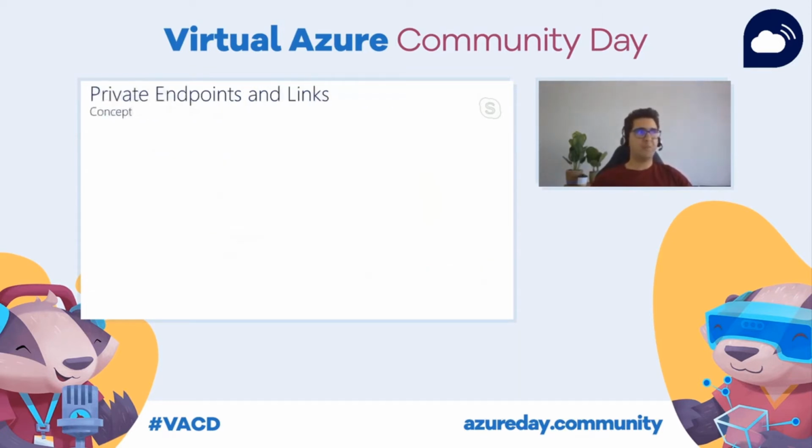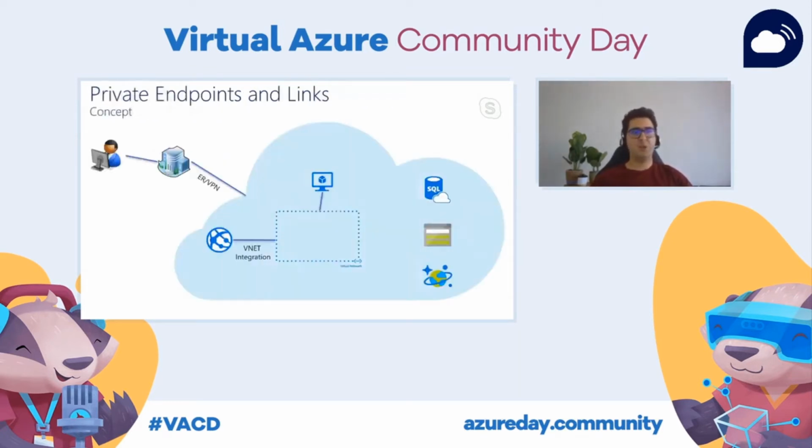So the concept of a private endpoint is that you have your PaaS services, like here Azure SQL, a storage account, or a Cosmos DB database. When we create a private endpoint, we create a network interface card in your virtual network, and then we link it to your service or your backend, for example your SQL, your storage account or your Cosmos DB.